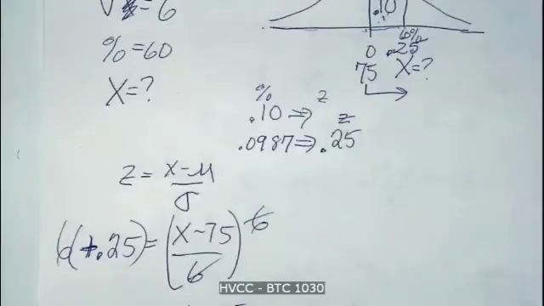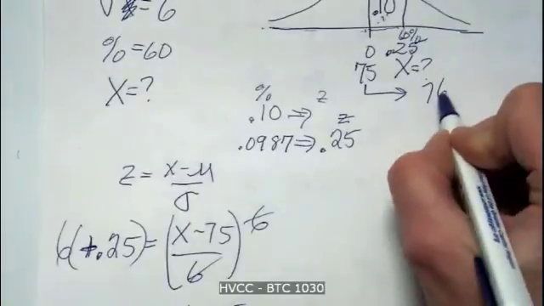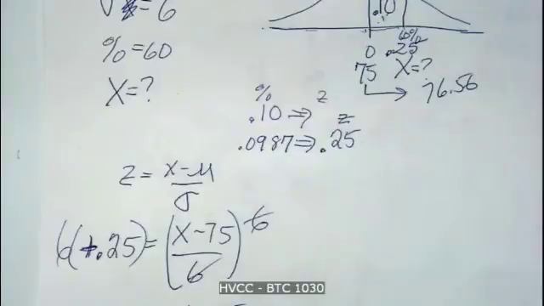I add it, and I get 76.56. This x is 76.56. That makes sense. Slightly more than 75. Sorry about that. That should be a positive. Okay?